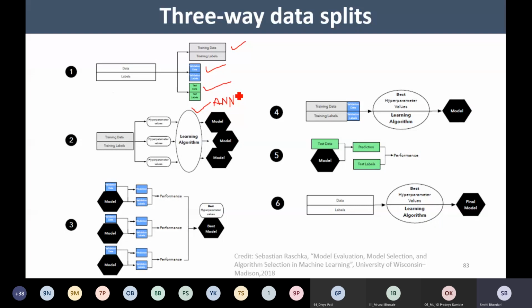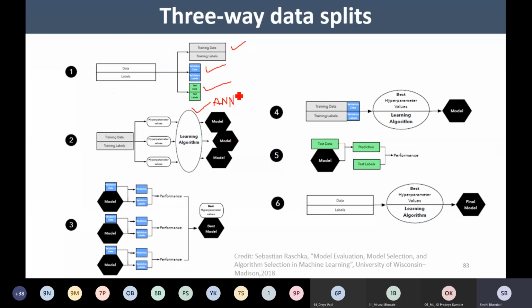So I may use 10 neurons per layer. I may use 5 neurons per layer. So these are the parameters, those we need to set, right, before we start our algorithm, before we start our learning. Okay, so these parameters are known as the hyperparameters for that learning algorithm. So these parameters we need to decide.